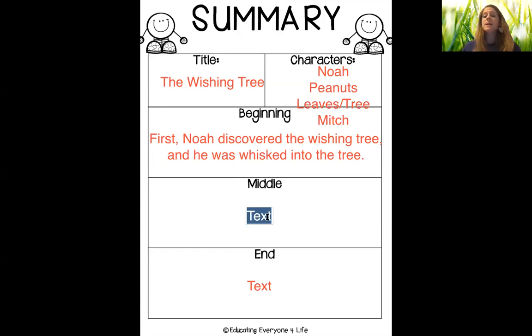What happens in the middle of the story? That's where we're going to say either the word next or then. I chose the word then, but you can choose next if you want. So then, what happens next? The tree asked Noah what he would wish for.